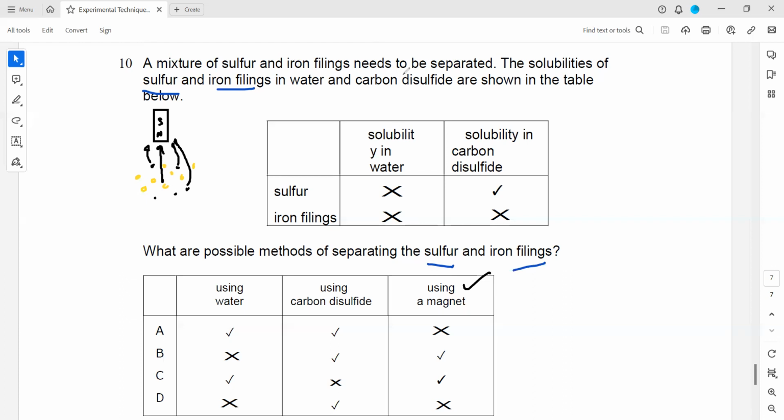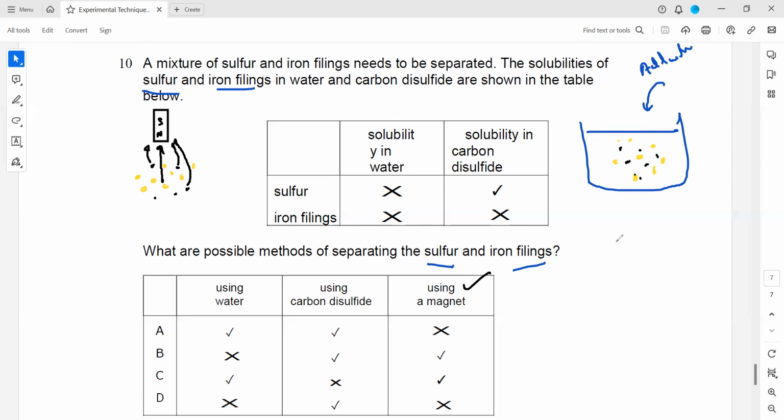If you use water, say the yellow spots are representing sulfur and the black spots are representing iron filings, and we add water, what will happen? Both are insoluble. So even if you carry out a filtration, it won't work because both will remain on the filter paper. So it won't be useful using water.